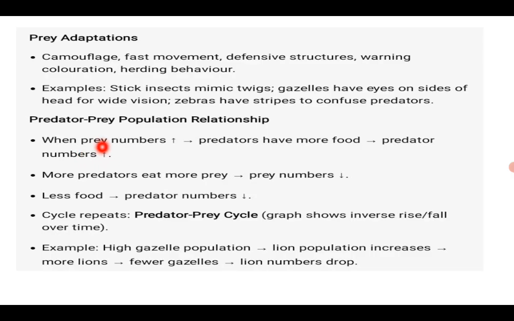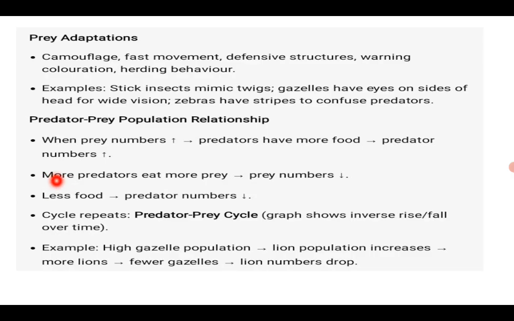The arrow pointing up means increase. Look at prey as food for other organisms. So when the prey numbers increase, the predators have more food, which means the predators will increase in number.